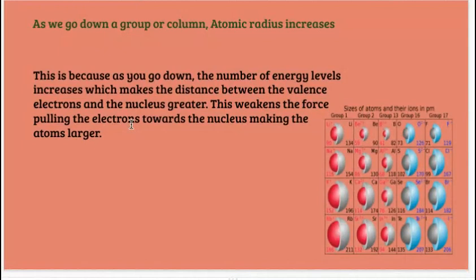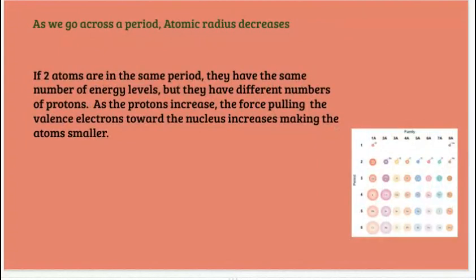Remember, the positive nucleus can pull the electrons in, but the further away those electrons are from that positive nucleus, the weaker that force is that pulls the electron cloud towards the nucleus, making those atoms larger. Weaker force, larger atom.